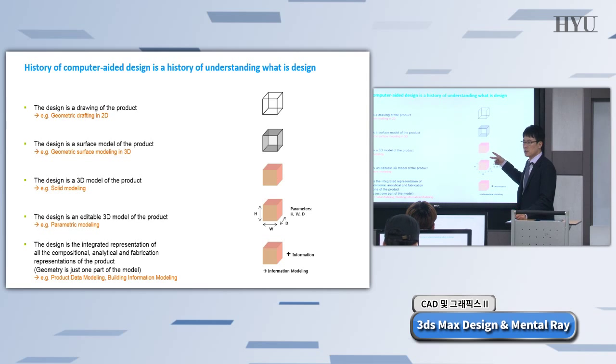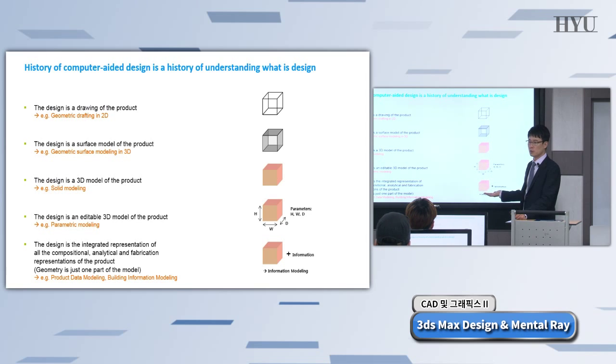thanks to solid-based 3D definition, we can do Boolean operations. What I mean is plus, minus, intersection, union operations without any geometric problems. And we put in parameters in order to control this object using height, width, depth.